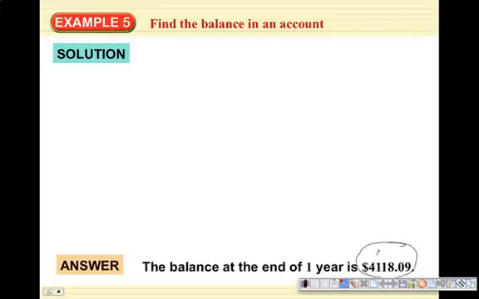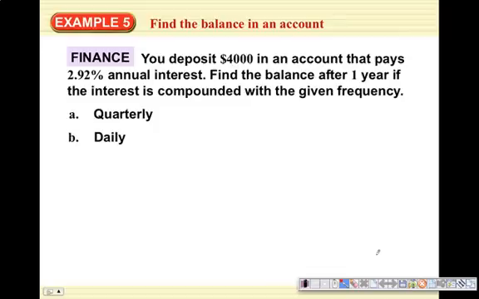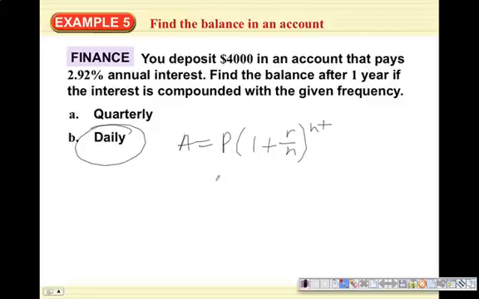Okay? There you go. Now let's go back. Daily. What if I said daily? This will be the last problem I do. So A equals P times (1 plus R over N) to the NT. Put it all in. P is still 4,000. 1 plus the rate is still 2.92%, 0.0292, divided by N, which is the thing that changes.